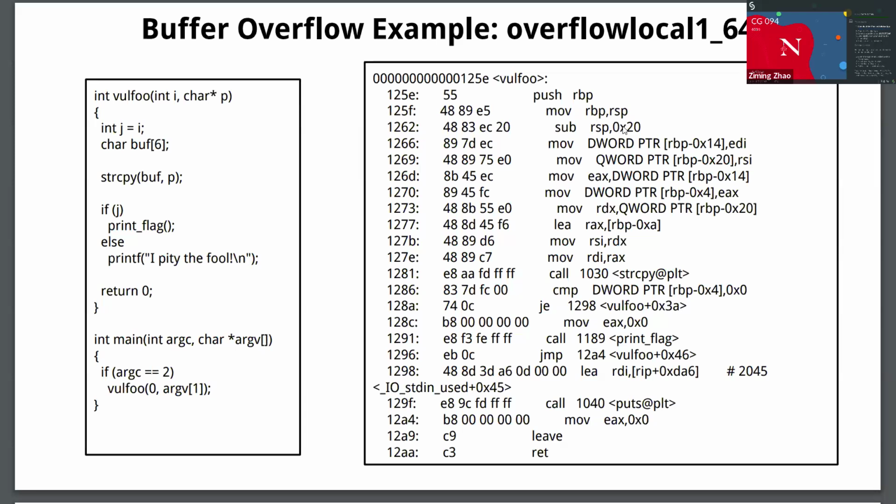Then we subtract 32 bytes in decimal from RSP. Then we move RDI and RSI to local variables. Those are the two parameters, they are in RDI and RSI. Then we move the value. This one should be.